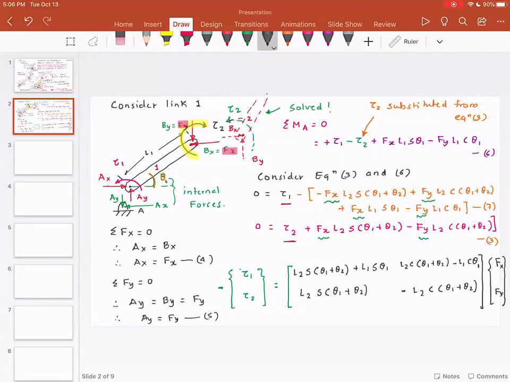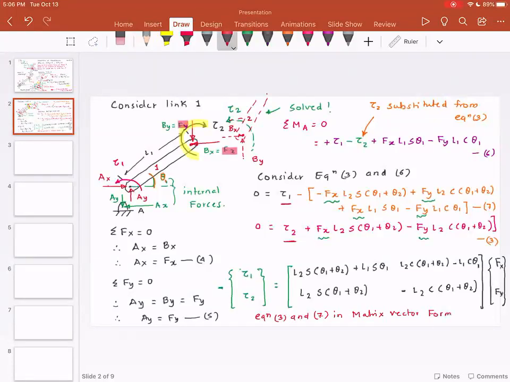Are you with me so far? So what we did here, we converted, we wrote equation 3 and 7 in matrix vector form.